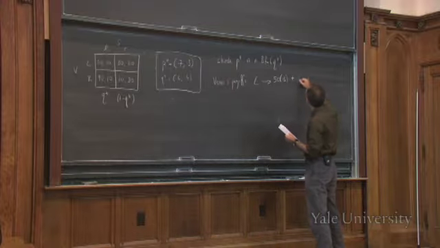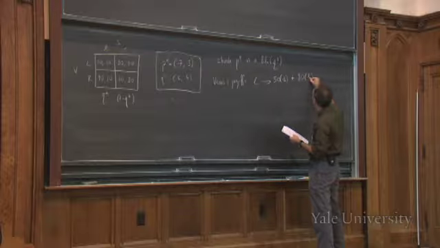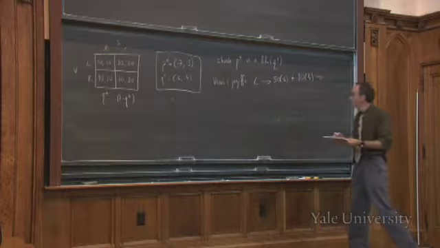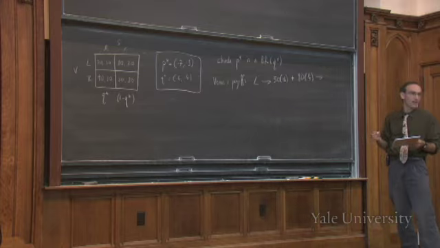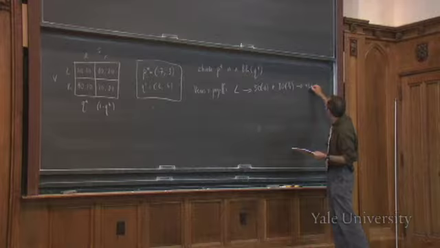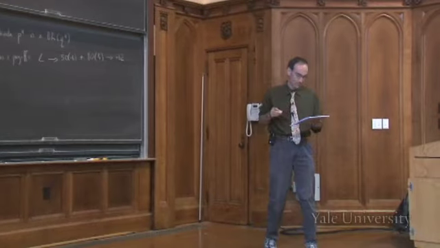So 80 times 0.4. We can work this out, and I worked it out at home, but if somebody has a calculator, please check me. I think this comes to 62.